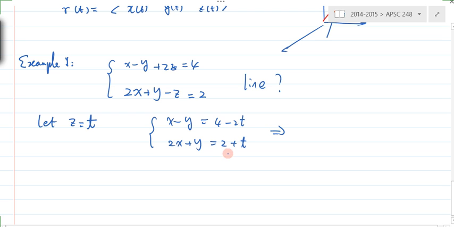With two equations and two unknowns, you should have a unique solution. Of course, the solution won't be a number; it will be an expression with t in it. If you do that, you will see that x equals 2 minus (1/3)t, and y equals negative 2 plus (5/3)t.